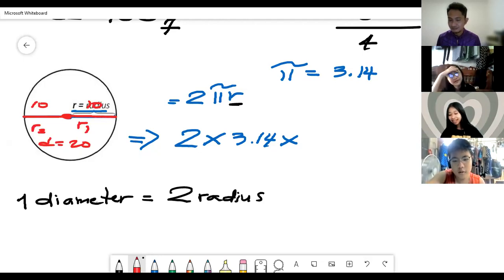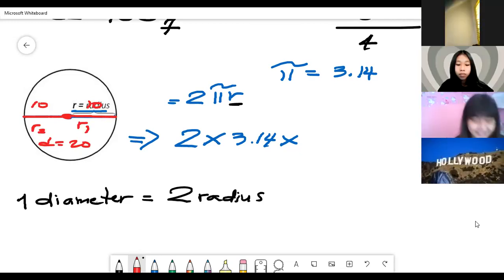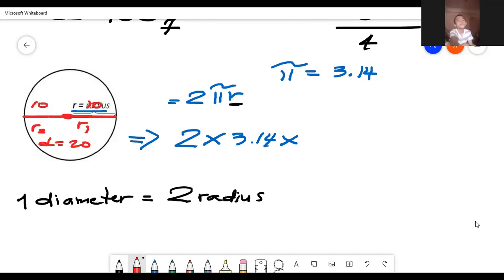I don't know what diameter is in Thai. Can you search? Not noodles. Okay.